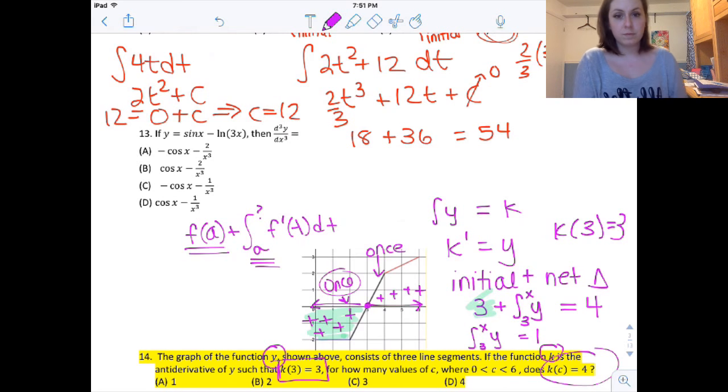Other questions. These are great. These are really, really good questions. Even on the free response, I know we didn't go through them all. You guys had the keys to those, but if you had questions specifically on that.